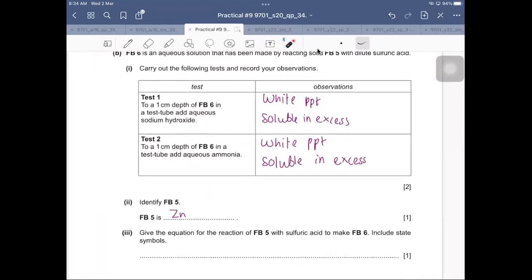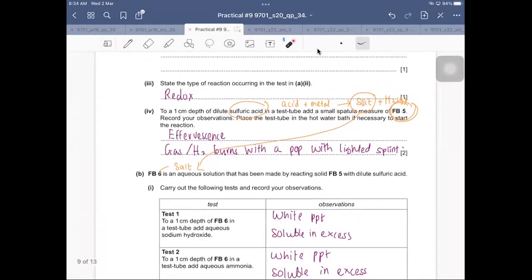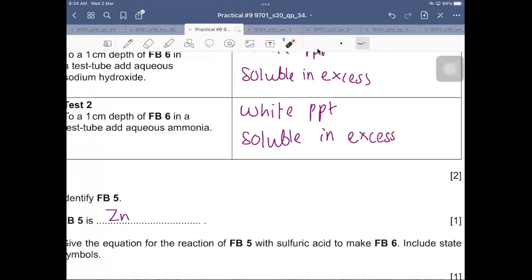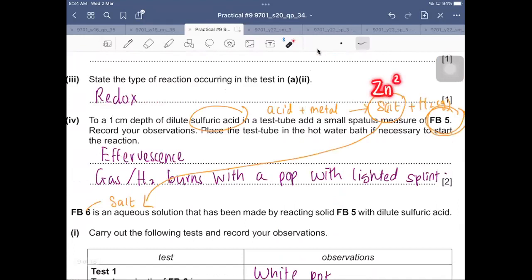Right, so identify FB5. FB6 is actually the salt from FB5. FB5 must have contained zinc 2 plus. Okay, so that means zinc 2 plus here, and the metal would have been zinc.